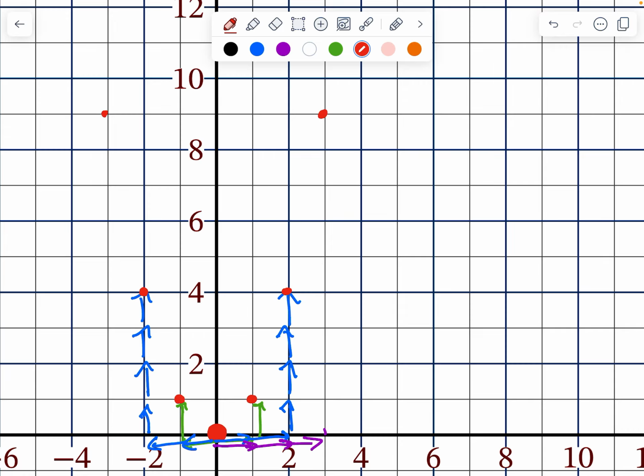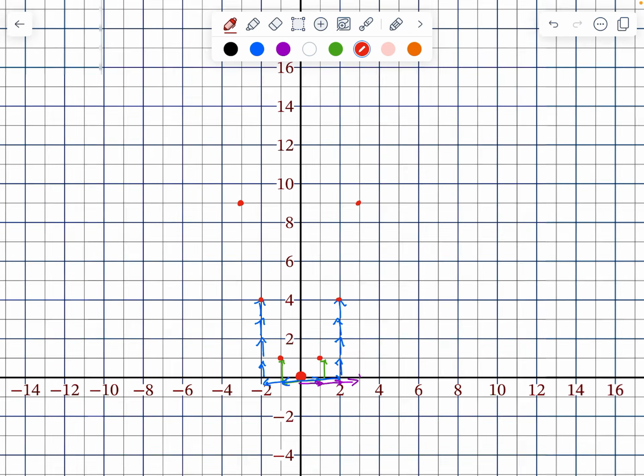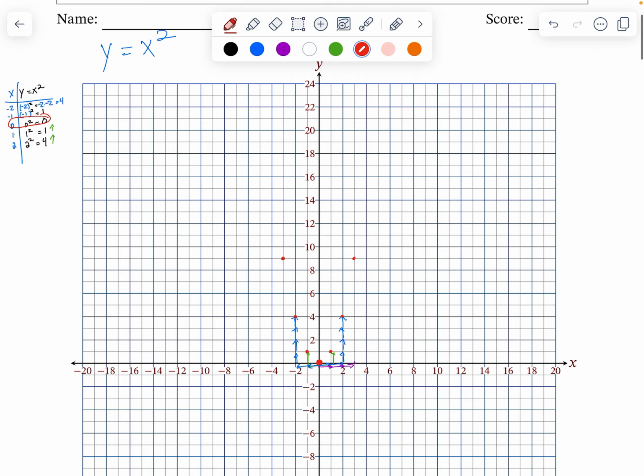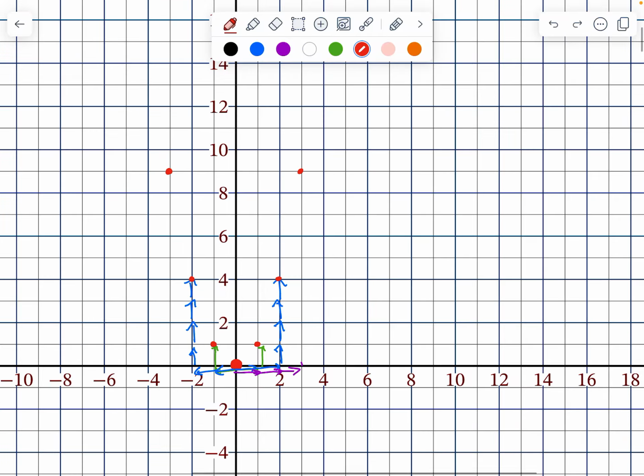Okay. And then we just draw our parabola. Start here. Hold it down. Notability should do it. Maybe my parabola is not nice enough.